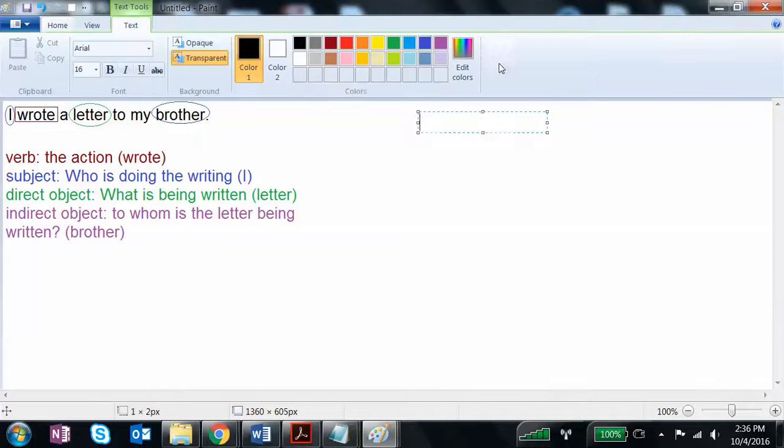Your directs, remember, we're just doing third person, are going to be lo, la, and then you can have the plurals of each of those, los, las.